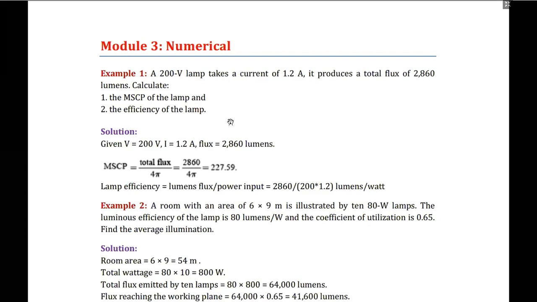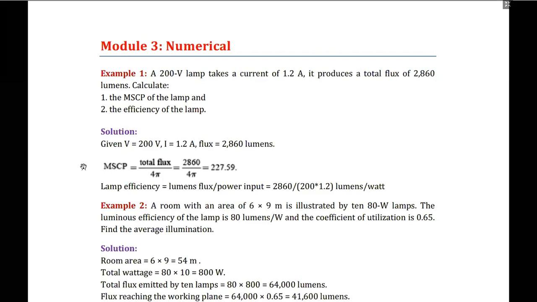So it's simple. The voltage is given, current is given, and the flux is given. So you can find out the MSCP. What is this MSCP? Mean spherical candela power. So mean spherical candela power क्या होता था हमारा? Total flux in all direction.